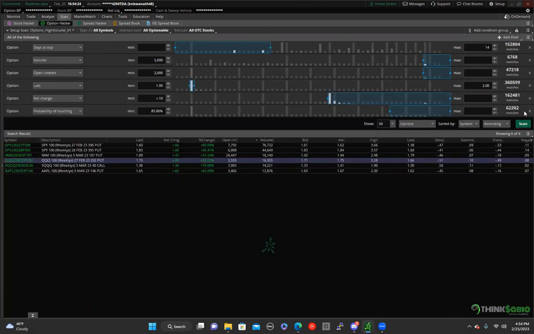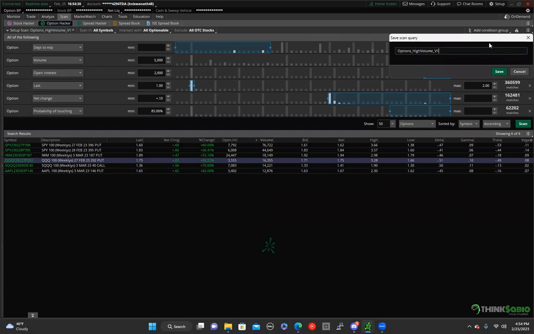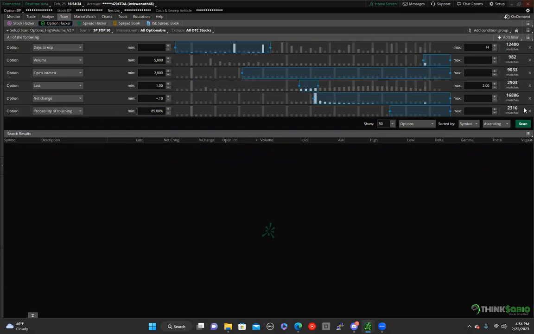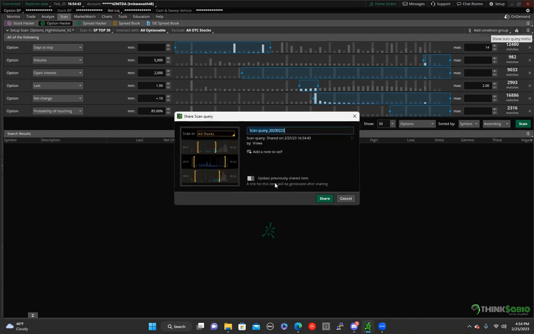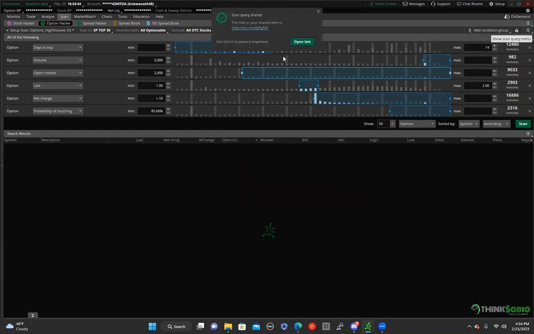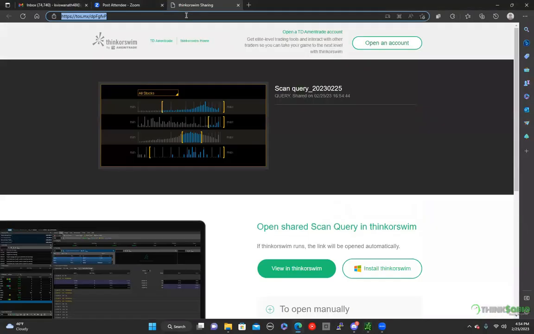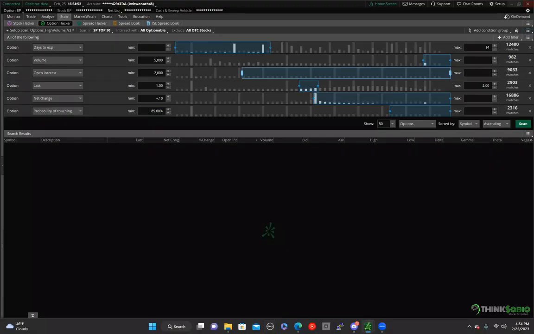I will share this hacker in the chat. I have to save this. I'll save this as V2 because I've added the probability of touching, and I can share this. So I'll share it in the chat.